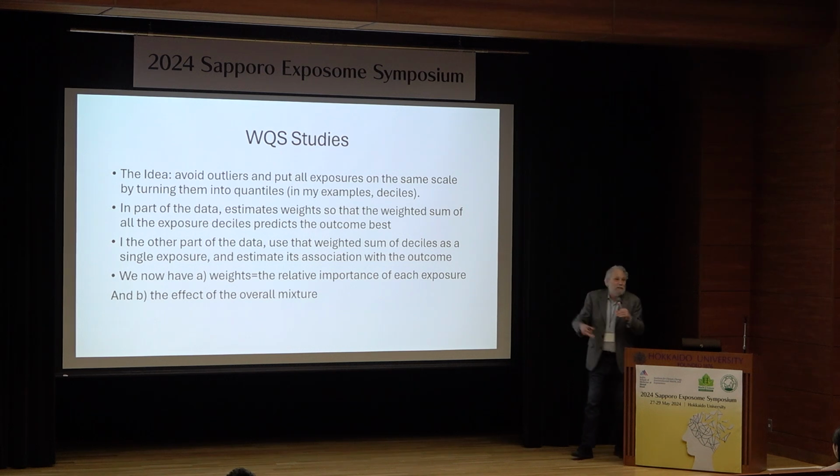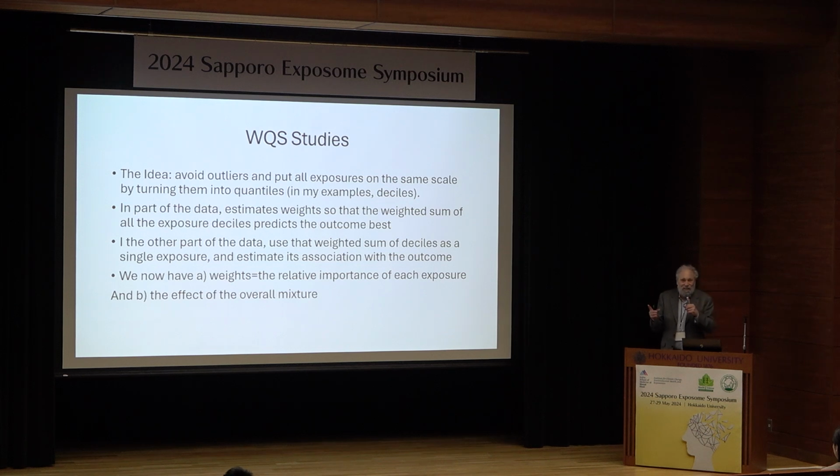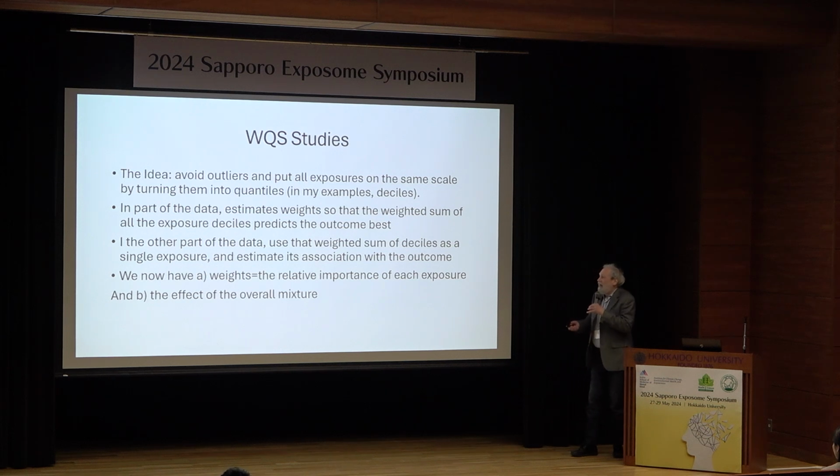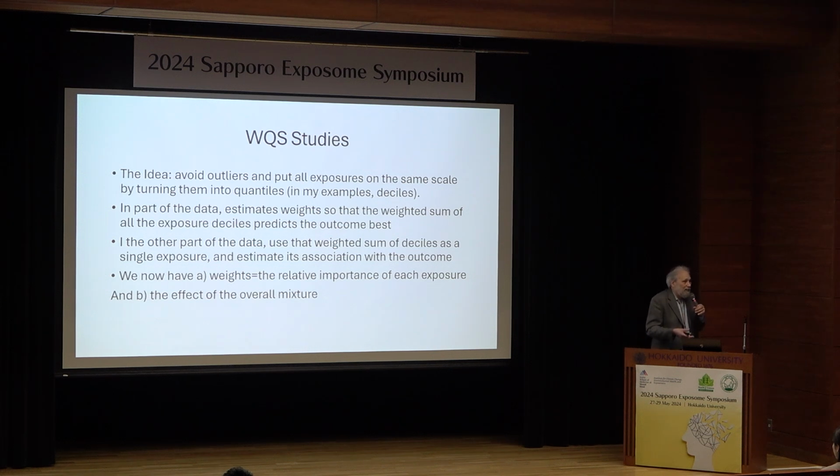And then in the other part of the data, I use those weights to create a single variable, which is the weighted sum of all of these deciles. And now I have an index, one variable, and I can do a regression that gives me the overall mixture effect. So I get two things out of this. I get the overall mixture effect, and I have the weights, which are telling me the relative importance of different exposures in this exposome that I'm analyzing.